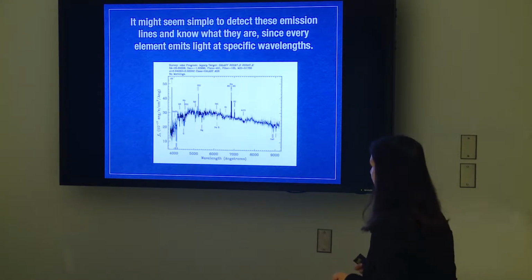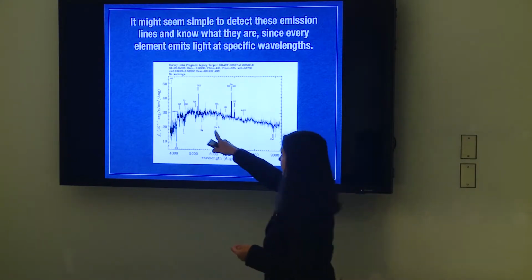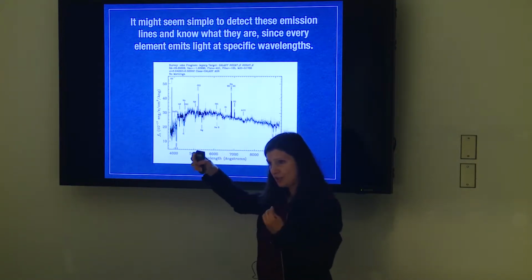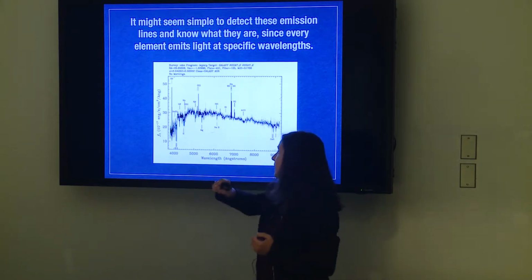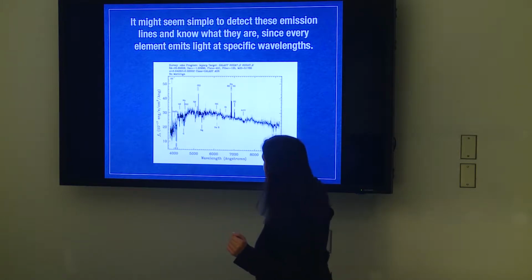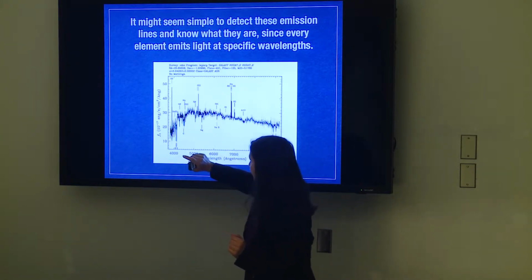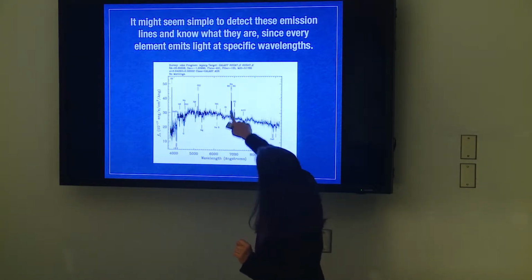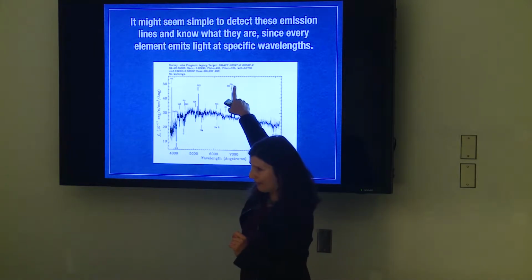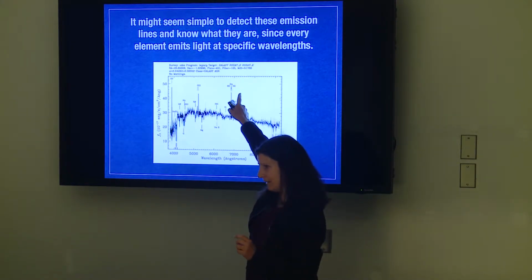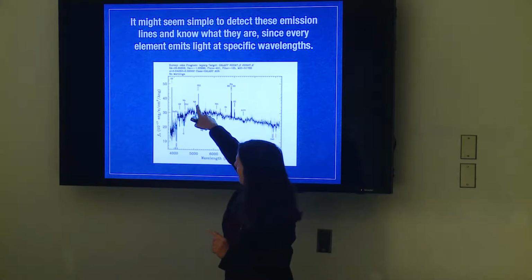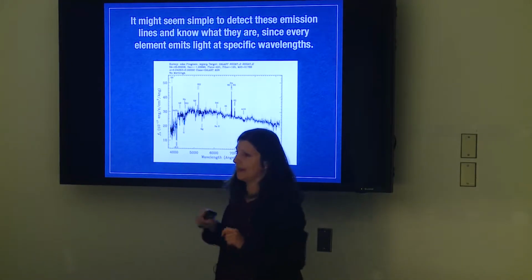which I guess we also have here, you see that these spikes just correspond to emission lines, meaning jumps in common elements. For hydrogen, there is the H alpha line, which is one of the hydrogen atom transitions. You have the H beta line, the H gamma, and the H delta.